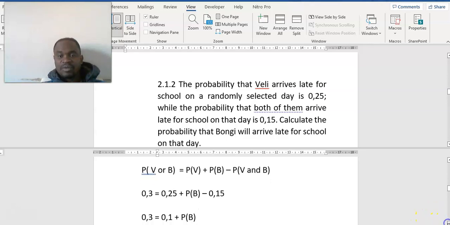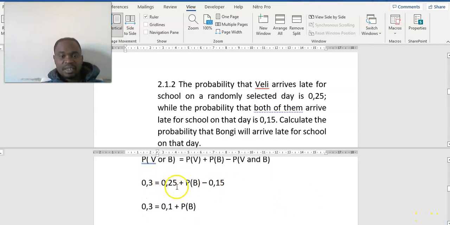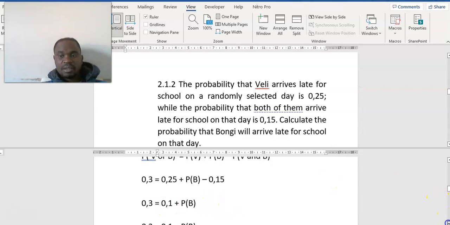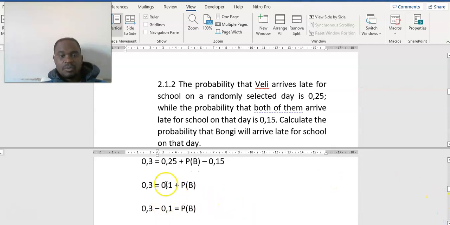Now if I simplify this, 0.25 minus 0.15 is going to give me 0.1. Then we transpose this one to this side.